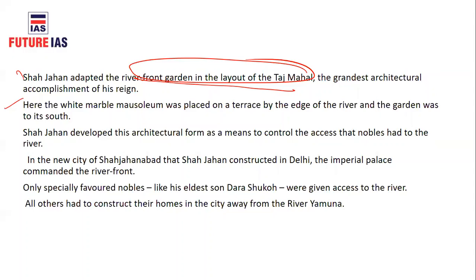Why did Shahjahan deploy this architectural form? It is basically placed to control the access of the nobles to the river. So Shahjahan wanted to control the access of the nobles, isn't it?